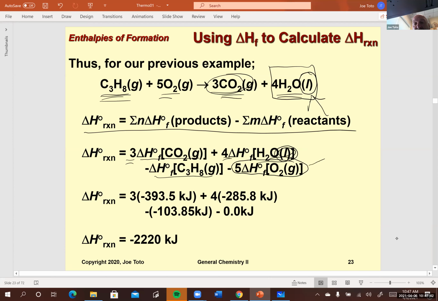Now, if I go try to look up the delta H of formation of oxygen gas, I'm not going to find it in my textbook, and I'm not going to find it online. Does anybody know why? What is the delta H of formation of oxygen gas?